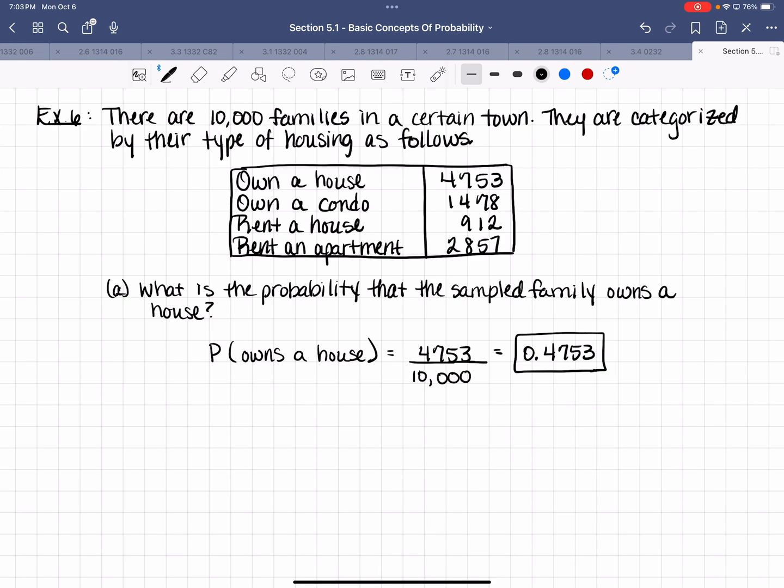Okay, good. Nearly 50%, but guys, that makes sense. Think about it. There's 10,000 families, 4,753 own the homes. Well, what's half of 10,000? 5,000. So you have nearly half the families owning a home, and that's what you wrote down as a decimal, 0.4753.